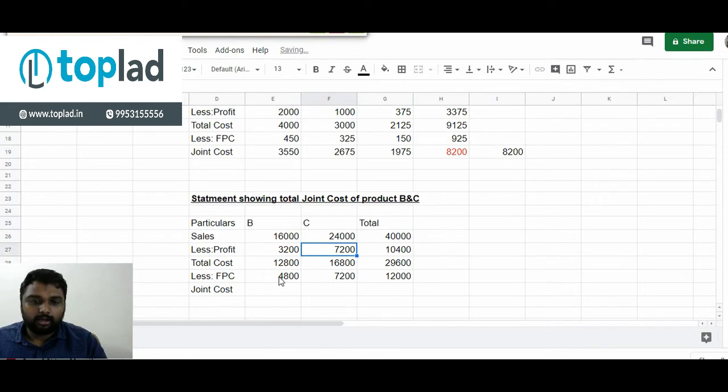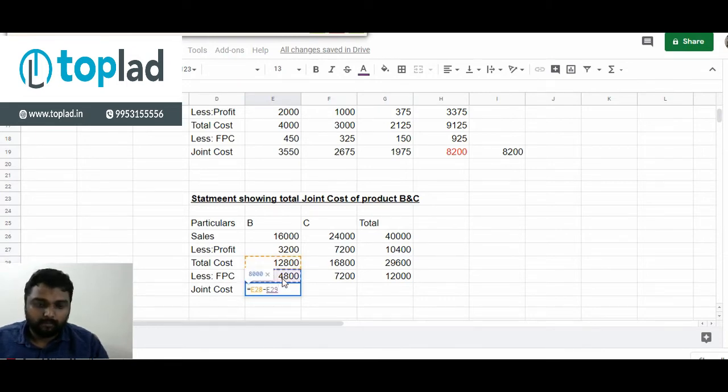So you get your joint cost. What is your joint cost? Joint cost is nothing but your total cost minus your further process cost.